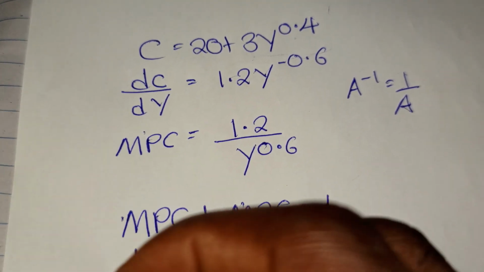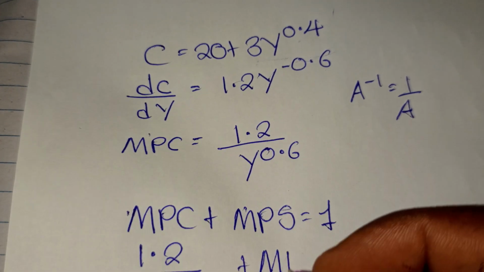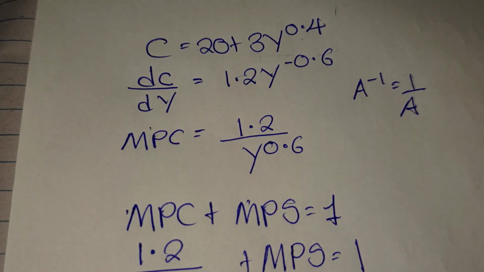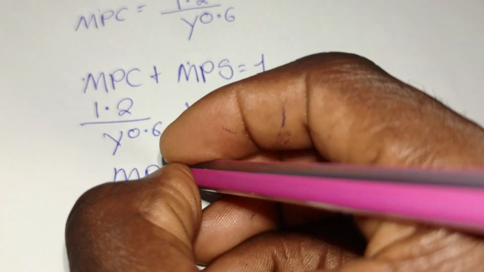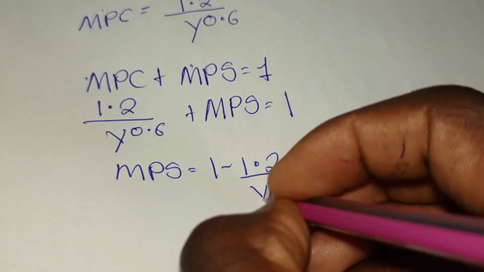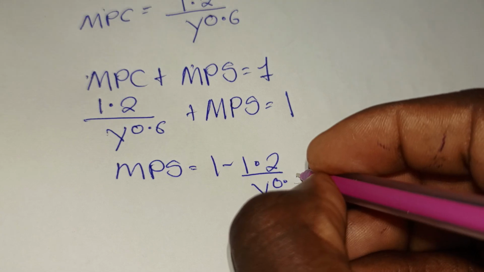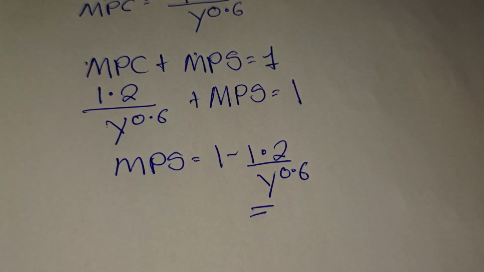So 1.2 over y to the power 0.6 plus marginal propensity to save is equal to 1. Then from here we just group the like terms. So marginal propensity to save is equal to 1 minus 1.2 over y to the power 0.6. So this is the marginal propensity to save function.